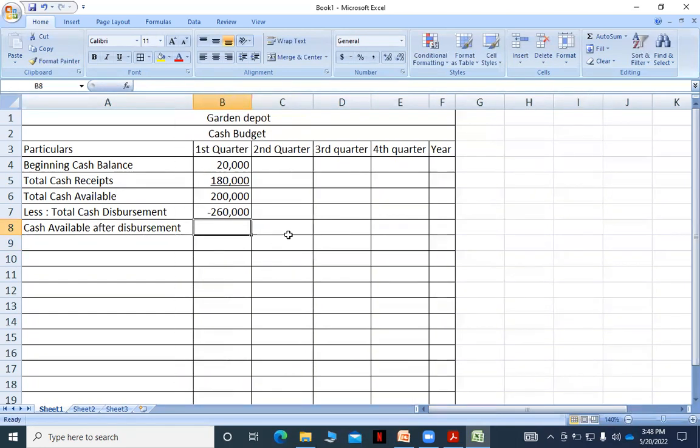And this is how much? 60,000, but the amount is a minus figure. So that means after cash disbursement, you do not have any excess cash.